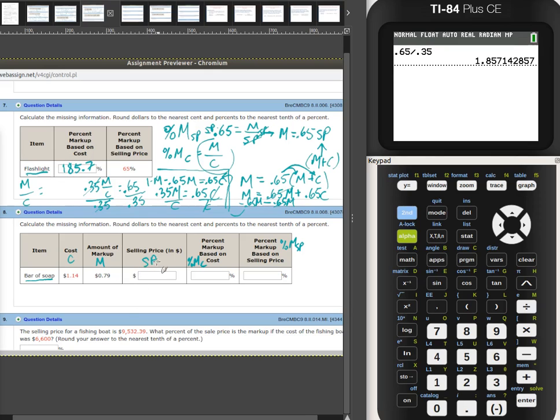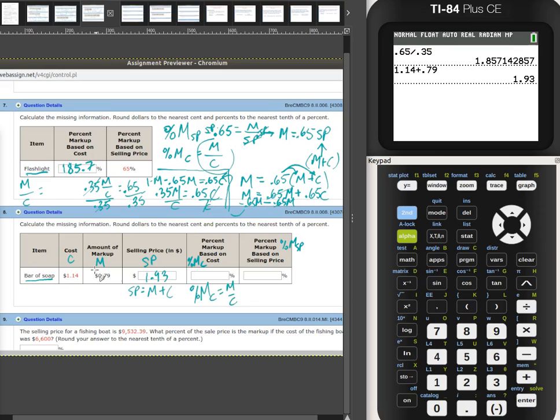So we should be able to just find all of these using our formulas. This one, of course, selling price is markup plus cost. So we can just add these two. And what do we get whenever we add them? $1.14 plus 79 cents. The selling price ought to be $1.93. And then the percent markup based on cost, we have this formula that it goes markup over cost.